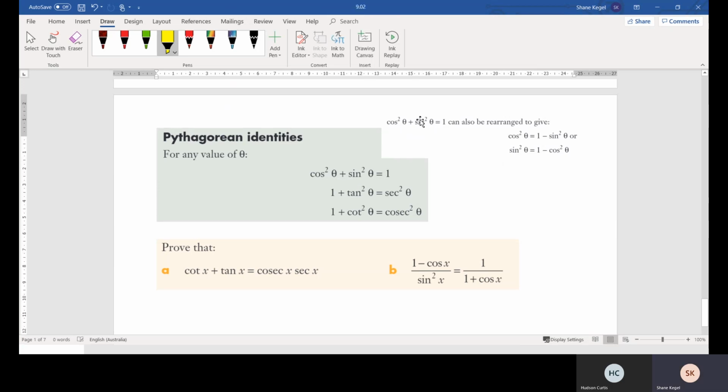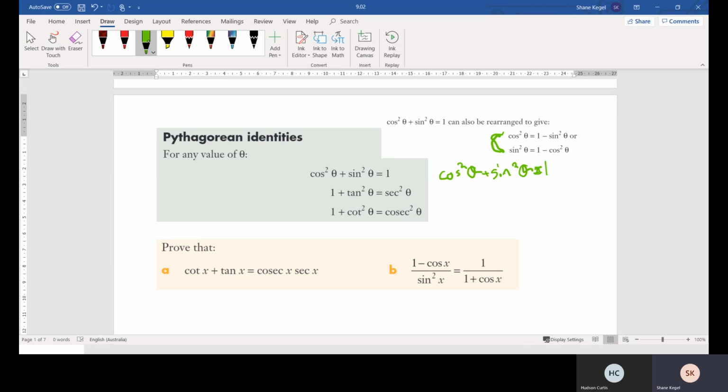And they can also be arranged. So cos squared theta plus sine squared theta equals 1 can also be arranged to give these other 2, which aren't very important to remember because so long as we remember this, we can work it out.